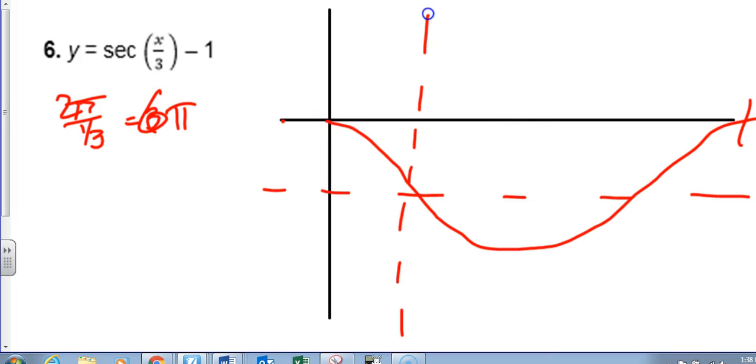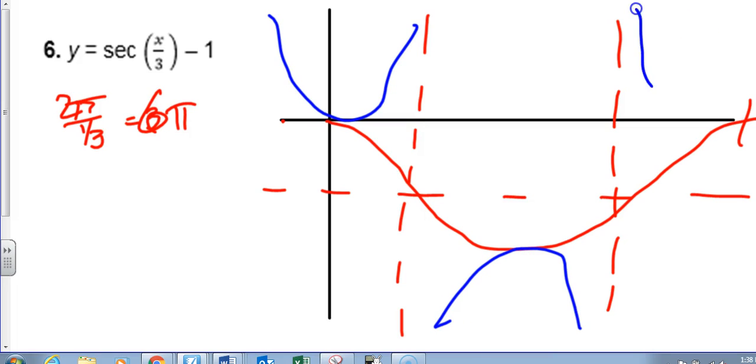It would have asymptotes there. If that's 6 pi, this would be 3 pi. This would be 3 pi over 2. 3 plus 3 is 6, plus 3 is 9 pi over 2.